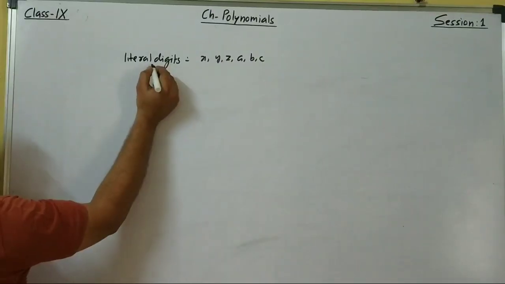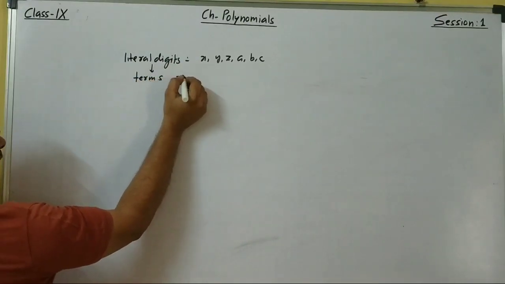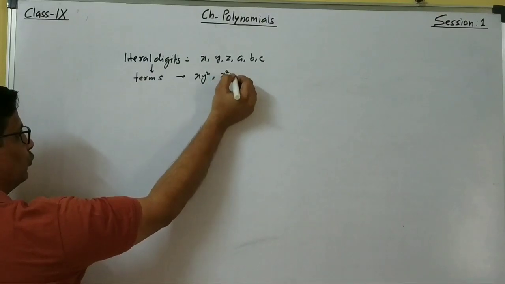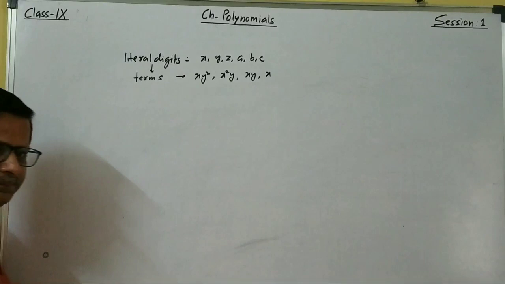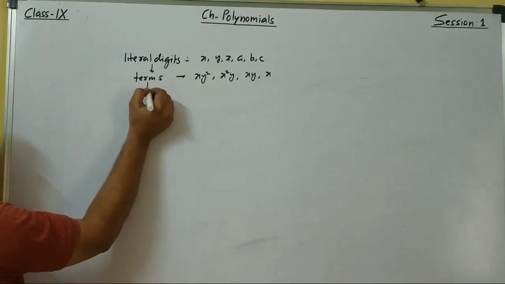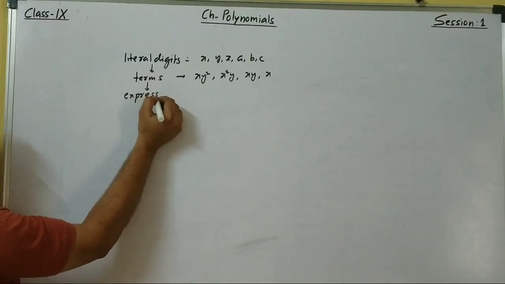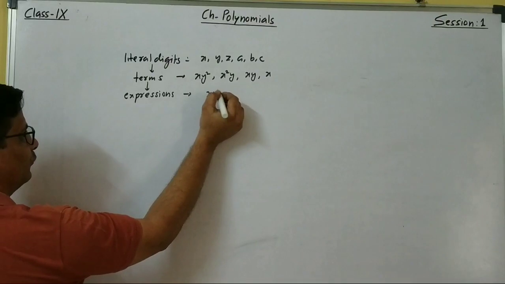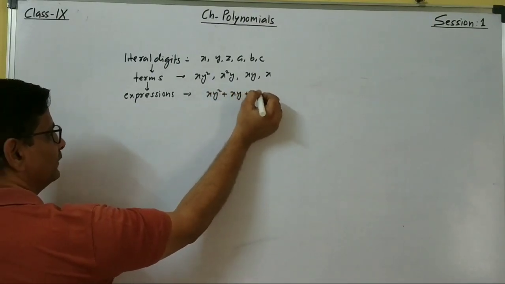By the combination of literal digits, we got terms like x y square, x square y, x, only x, etc. And by the combination of terms, we got expressions like x y square plus x y plus z.